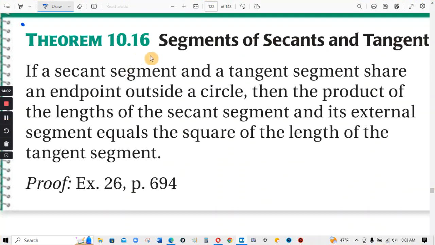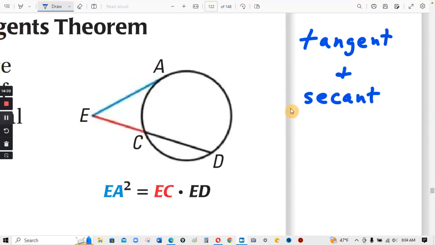Okay, last theorem, segment of secant and tangent. If a secant segment and a tangent segment share an endpoint outside the circle, then the product of the lengths of the secant segment and its external segment equals the square of the length of the tangent segment. So this is for when you have a tangent and a secant, and they meet outside the circle.